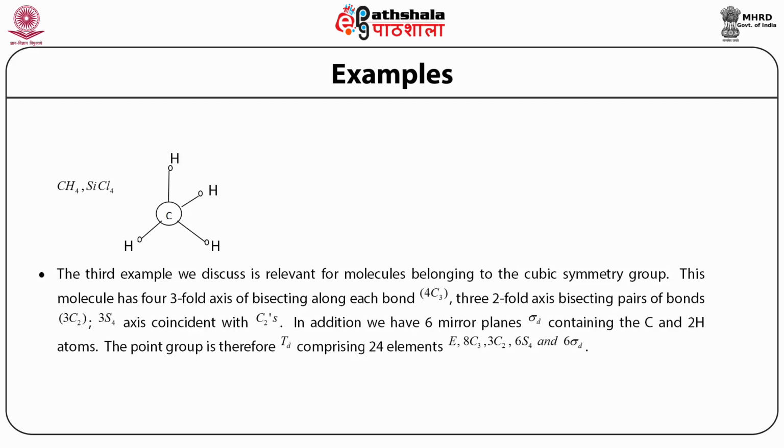The point group is therefore the group Td comprising 24 elements: the identity, 8 threefold rotations, 3 twofold rotations, 6 improper rotations, and 6 mirror symmetries along the plane sigma d.